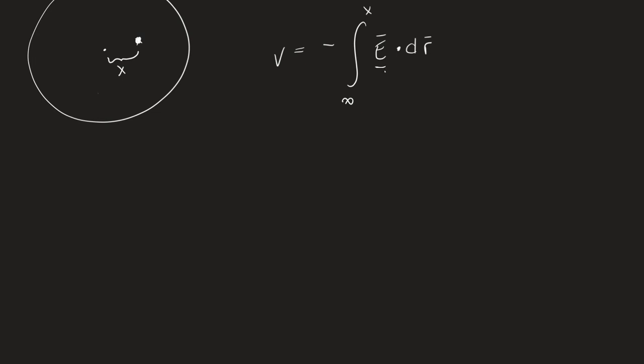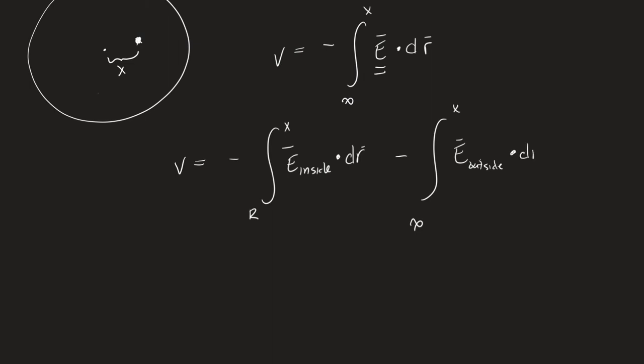But there's two different expressions for the electric field: one when I'm outside the sphere and one when I'm inside the sphere. Because of that, and because it's a simple sum, I'd have to break this up into two intervals, two different sums.